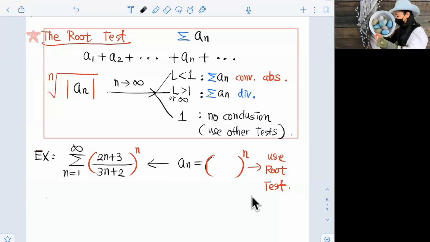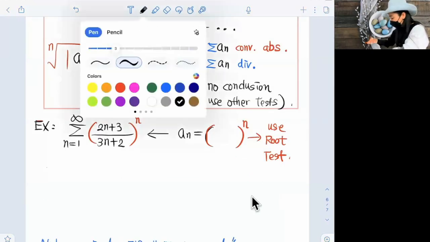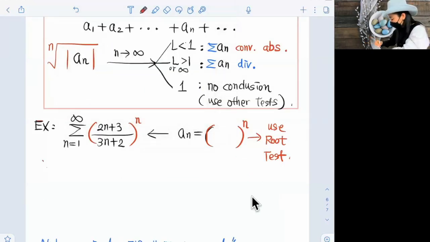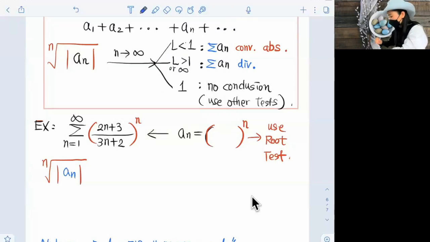How about we do this one together? We're going to use the root test. So I'm going to take the n root of the absolute value of a_n. And what does it equal? Did you just say that the n root and the n power here cancel? So what do you have left?